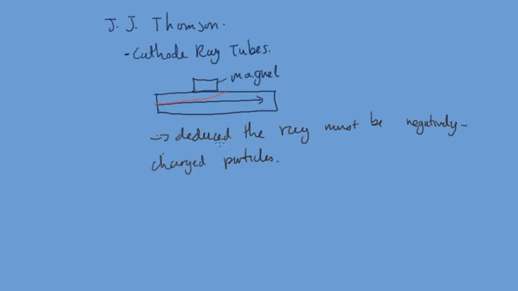And what he discovered was that they must also be much smaller than what had been considered possible in the size of subatomic particles. He realised that they must be part of the atom, and he called them corpuscles.